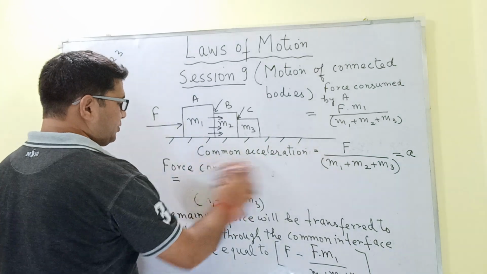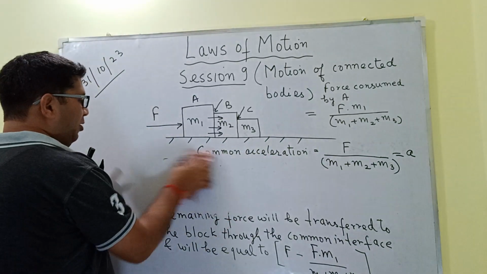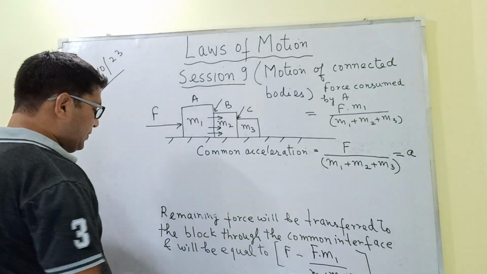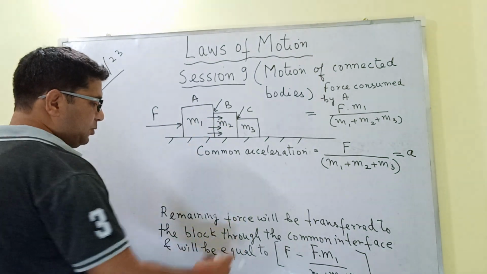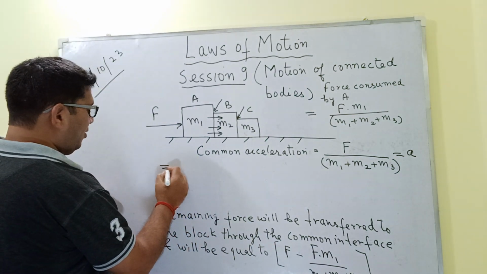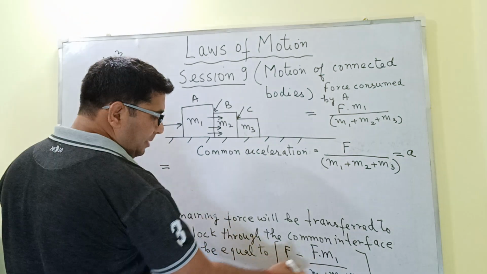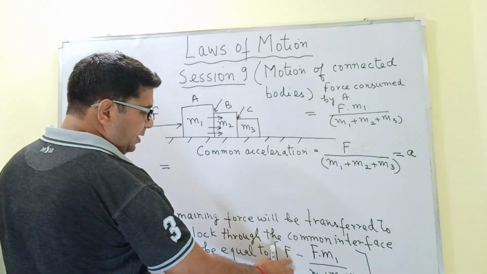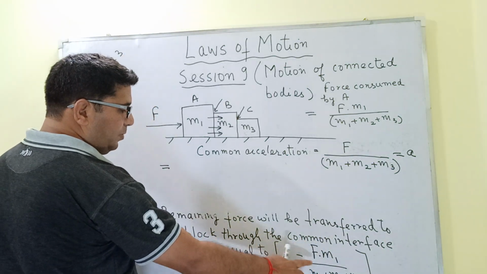Now the remaining force which will be transferred to the block B through the common interface will be equal to, इसका हम LCM लेंगे, so it will be F m1, ये माइनस हो जाएगा, and the remaining what will be F m2 plus F m3.